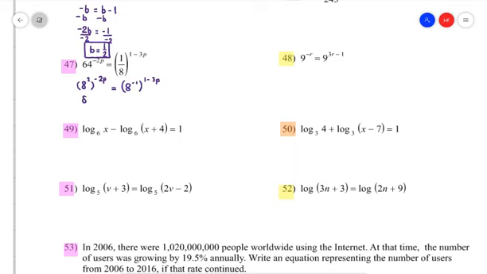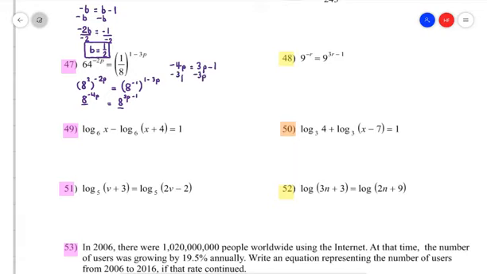So this is 8 to the power of negative 4p equals 8 to the power of 3p minus 1. And then we have the same base, so we'll say negative 4p equals 3p minus 1.